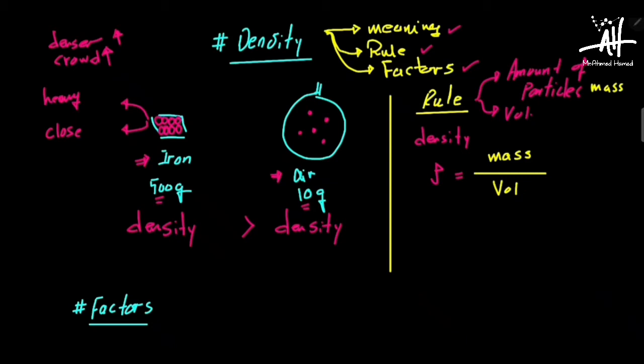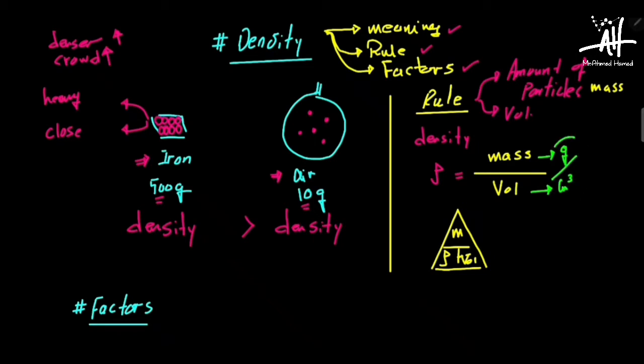So we can say that the density equals mass over volume, and we can write it in the form of this triangle. The density, which is rho, equals mass over volume. To get the unit, we can get the unit from the rule. We know that the mass can be in gram, and the volume can be in centimeters cube.